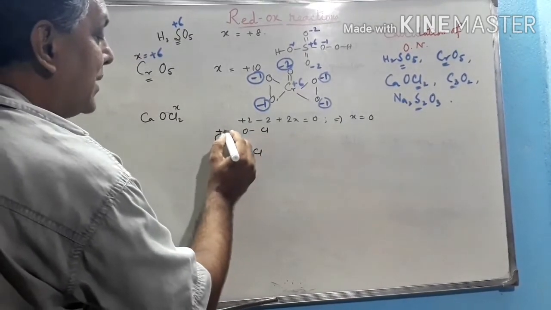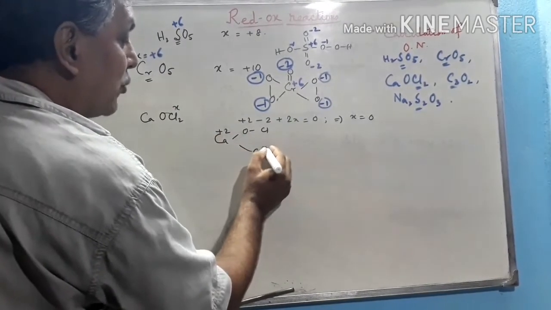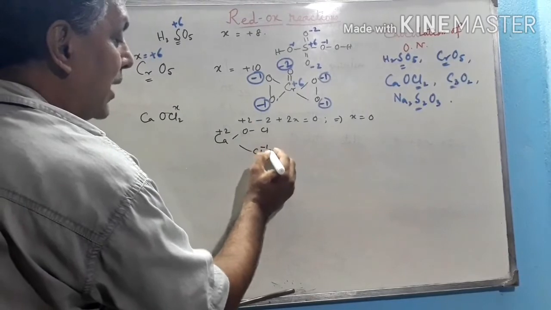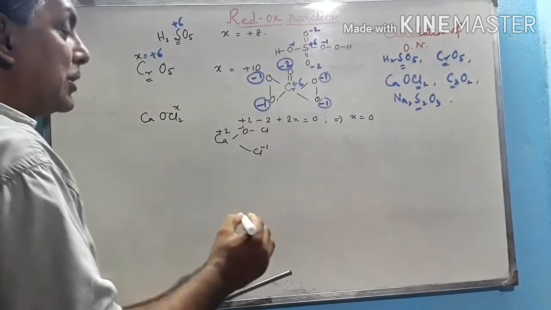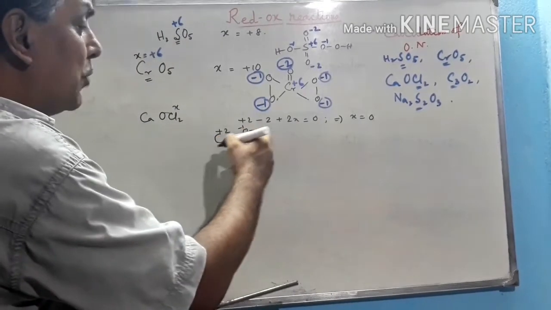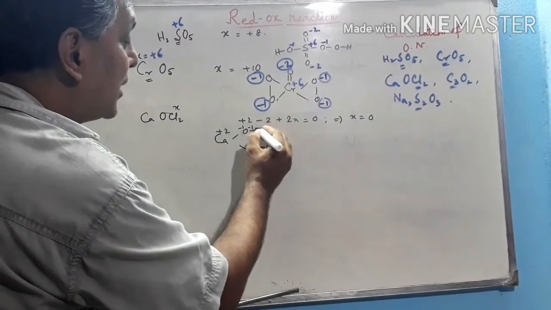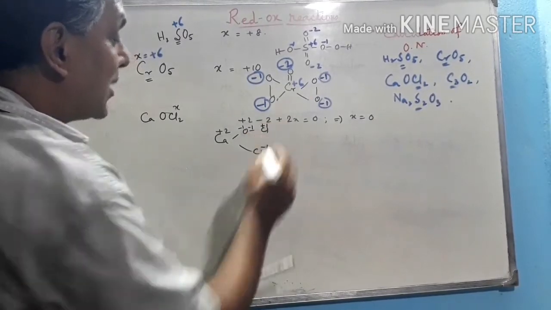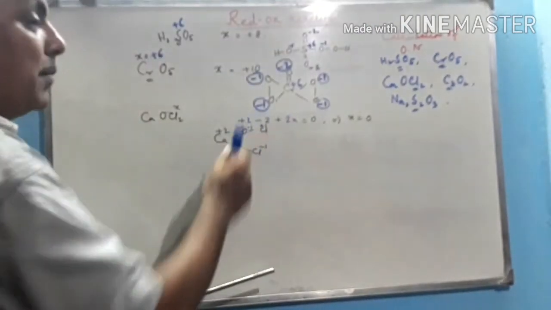See this, calcium here is +2. The chlorine directly attached to calcium is electronegative and forms only one bond, that's why it is -1. Oxygen also forms one bond, so it is -1. Oxygen also forms one bond with chlorine. How many bonds are formed between chlorine and oxygen?